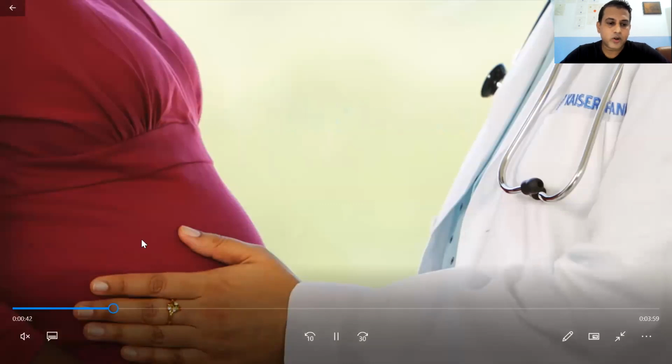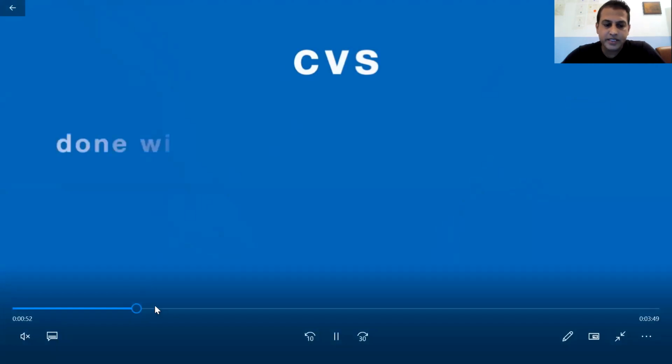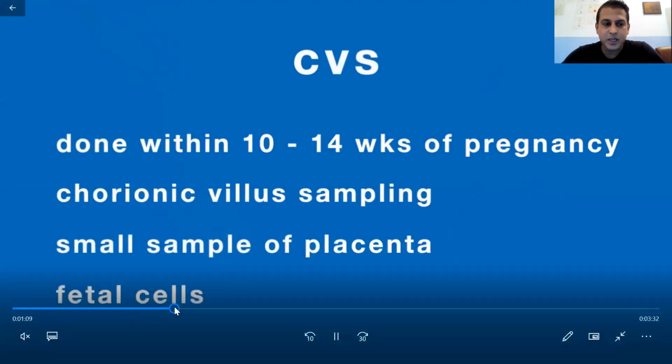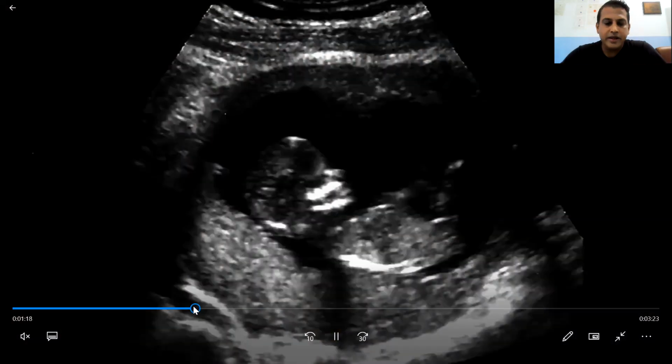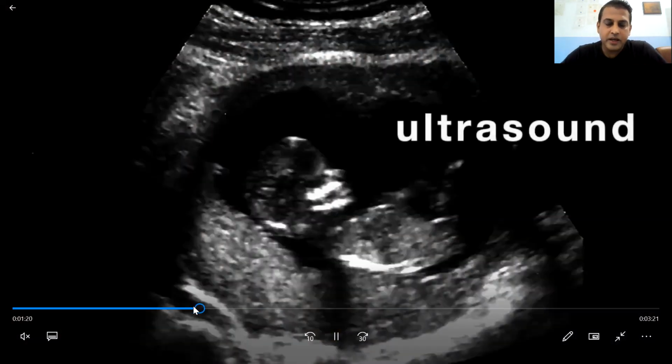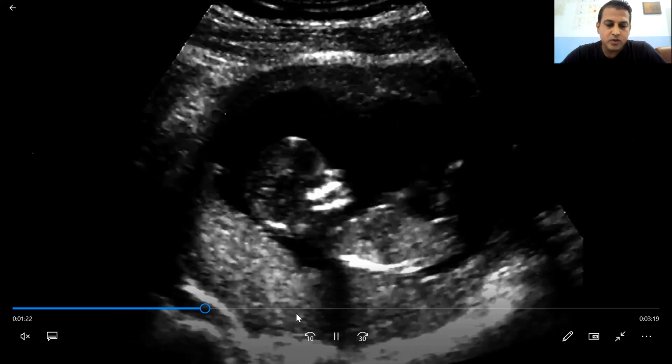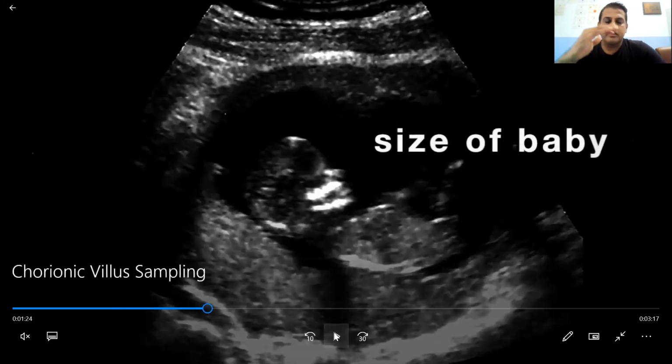Okay, the doctor carefully observes the patient's health conditions, and when everything is ready, the doctor can decide the exact time for this chorionic villus sampling. The first thing they have to do is an ultrasound. So what is ultrasound?